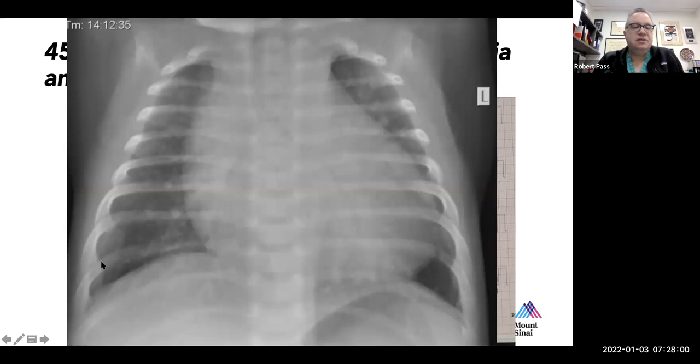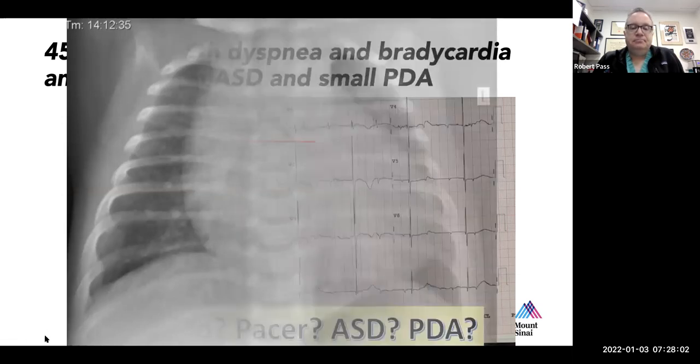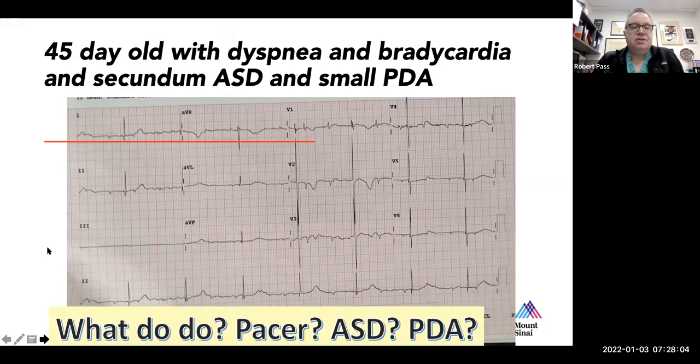It's nice enough to send to me. And so the question is, what do you want to do? Does the patient need a pacemaker? Should the ASD be repaired? What about the PDA? Patient has a small degree of dyspnea and bradycardia.